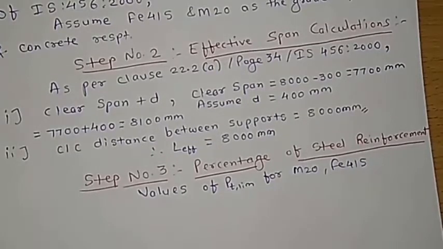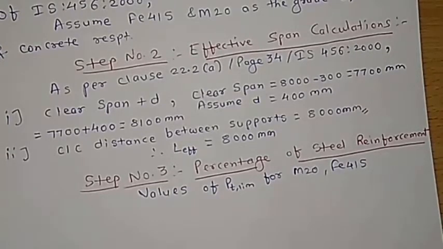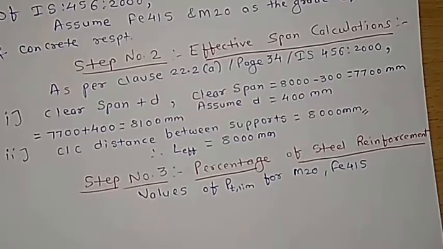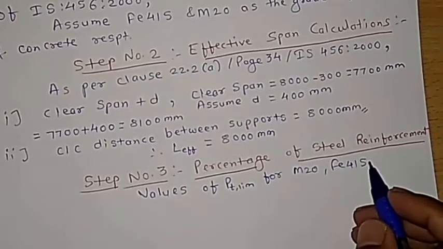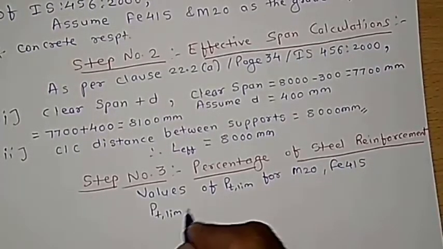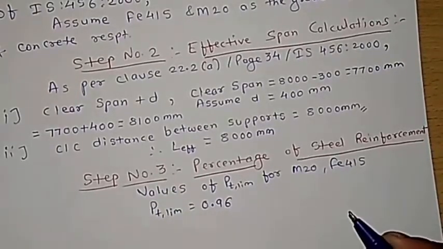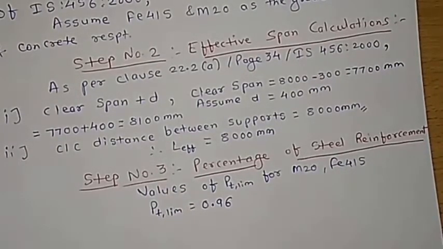If we consider this value, it is going to be PT limiting equal to 0.96.